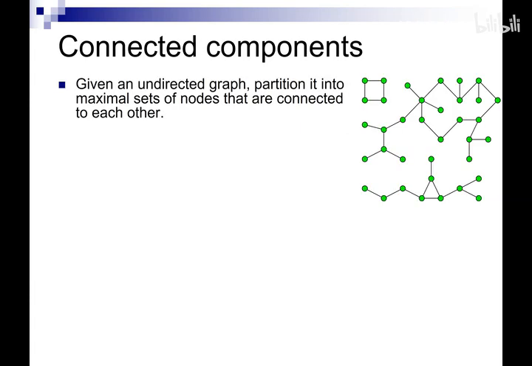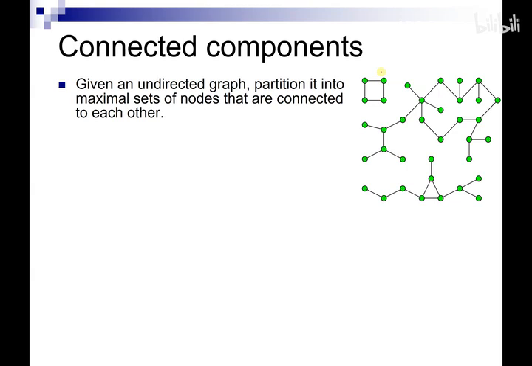All right, so the next problem we're going to look at is connected components. This is a very basic problem in sequential graph algorithms. Just to remind you what this problem is, we're given an undirected graph, and we want to partition this graph into maximal sets of connected nodes.